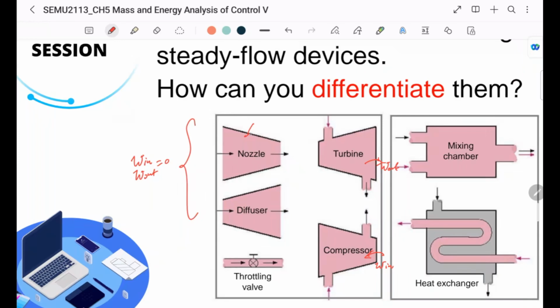All of them can have heat transfer in or out, unless it's insulated. And all of them have mass exchange as well.